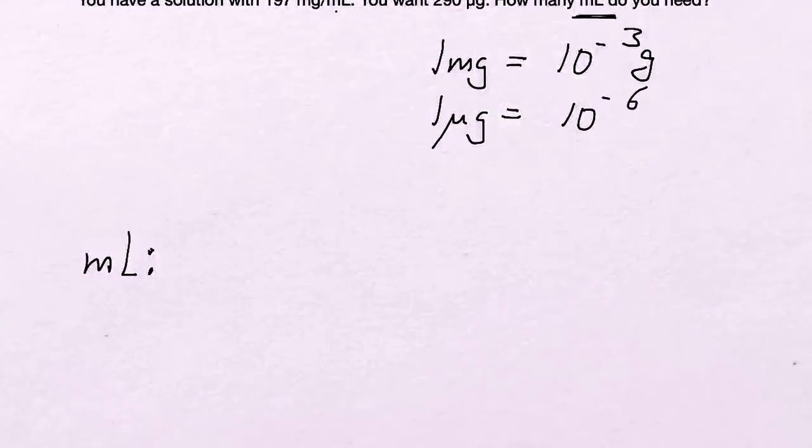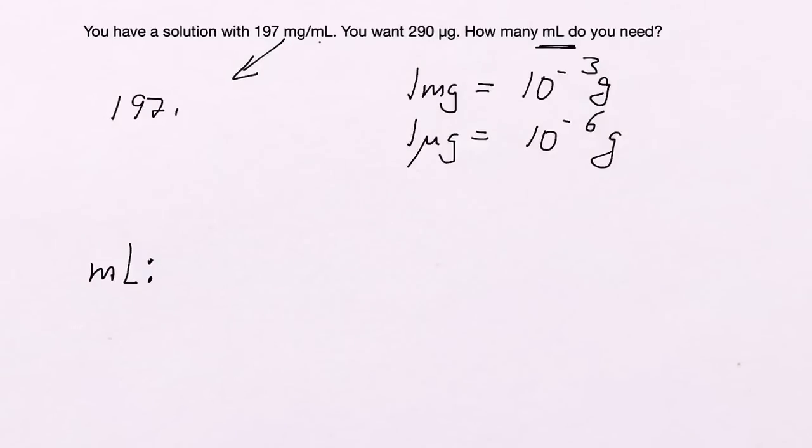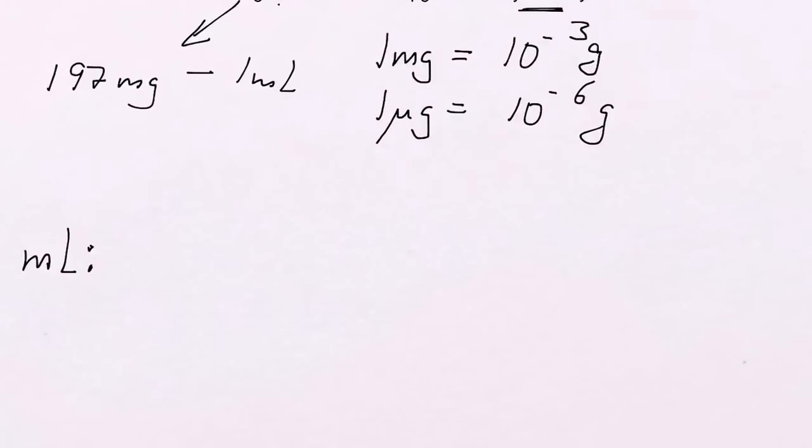So we know that 1 milligram is equivalent to 10 to the minus 3 gram. We also know that 1 microgram is equivalent to 10 to the minus 6 gram. We can write this here as 197 milligram is equivalent to 1 milliliter, and 1 milliliter is also equivalent to 197 milligrams.